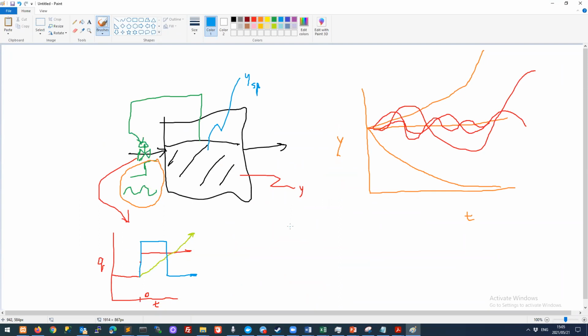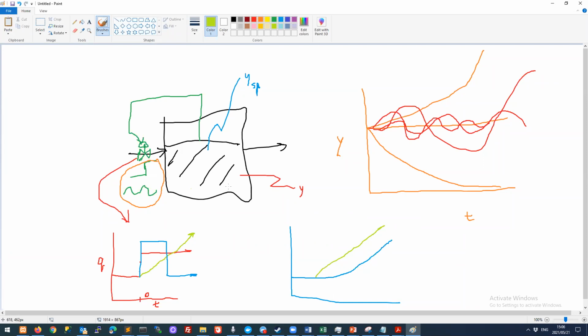And now it's saying that the response is going to give us a ramp eventually. It is going to go through an exponential part, which might be some curve like this, but eventually it's going to be a ramp. So at the point where the ramp is actually applied, somewhere here, the process will respond. It will take a little bit of time for the process to start responding, and then eventually it's going to settle into that same behavior.